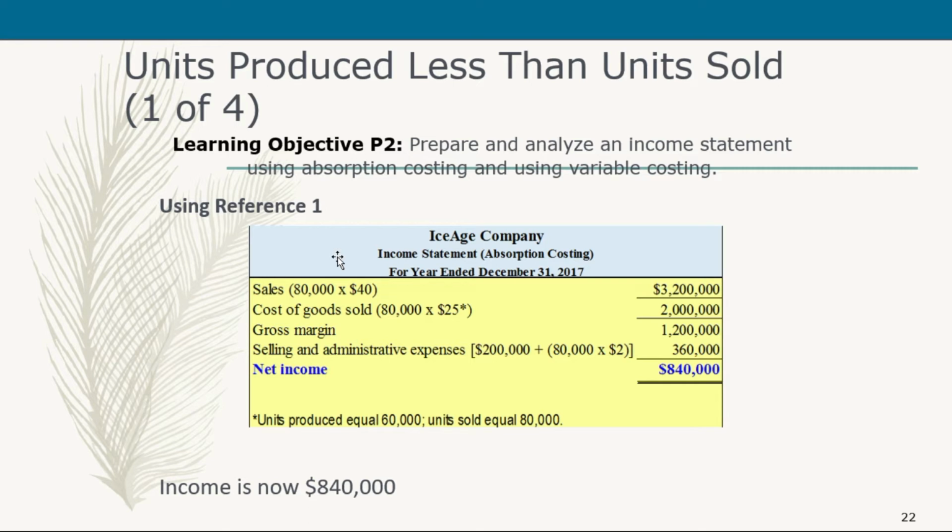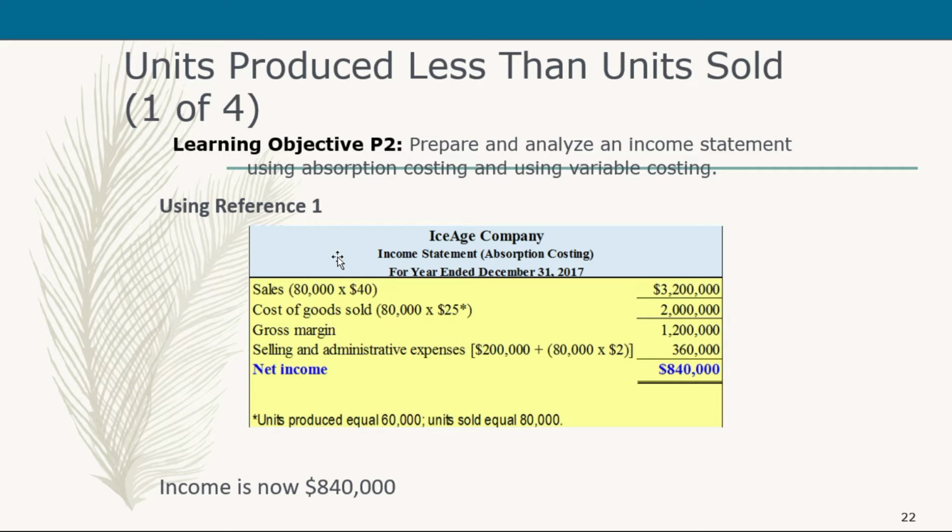In this case, the 20,000 together with your production of 60,000 units were sold completely in this year. We carried over the inventory from last year and we sold it in full together with your total production. However, your production is less than your units sold. In this case, your units sold is 80,000 and your units produced is 60,000. So there is a 20,000 difference in terms of units.